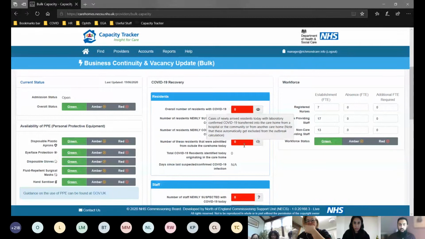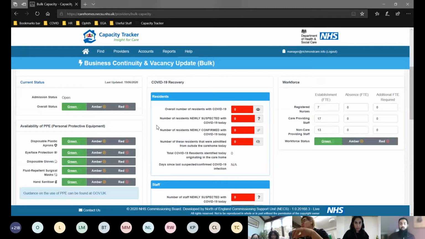The last box that we have, sorry, the thing I was going to mention about the suspected and confirmed. So Public Health England have asked for these questions so they can measure and monitor outbreaks within care homes. The agreed outbreak definition for Public Health England is 2 suspected or 2 confirmed cases of COVID-19 in a care home counts as an outbreak.